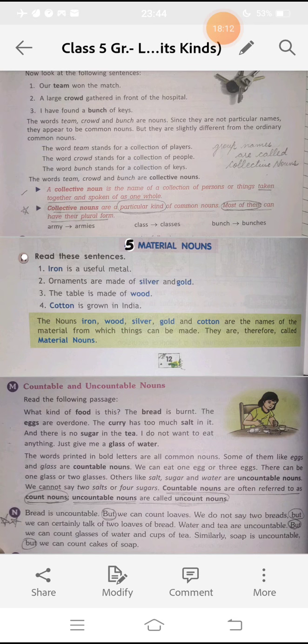Okay? And he hit me with 2 stones. That time it will be countable. So depending upon the case, it matters for some words to be countable and uncountable too. Means it can be countable or it can be uncountable.